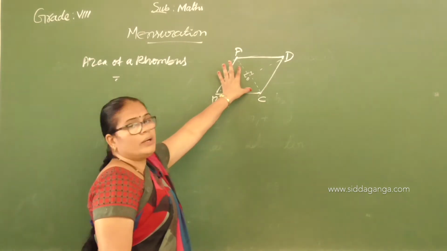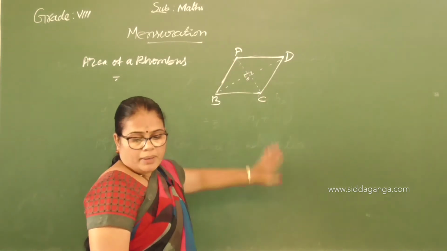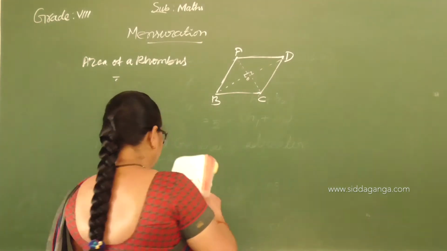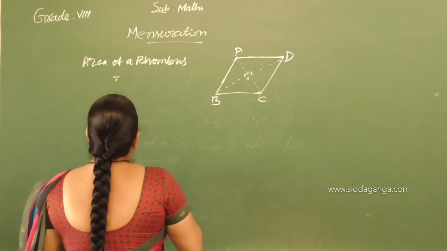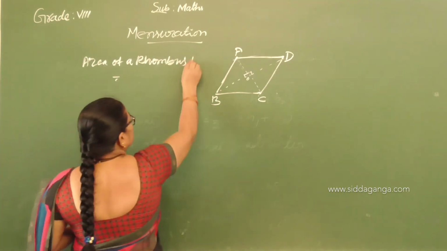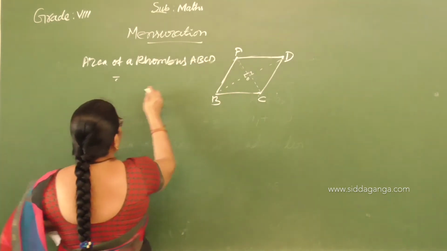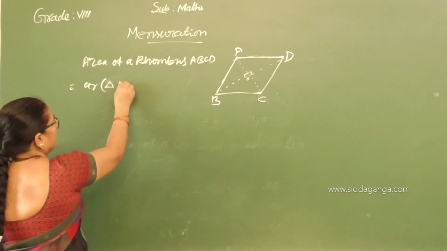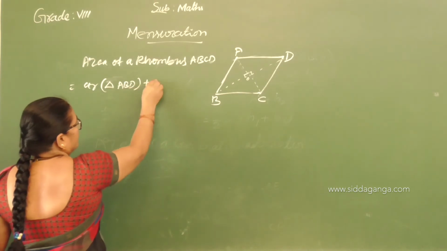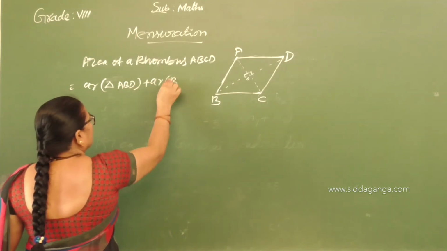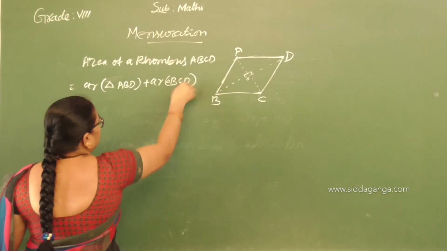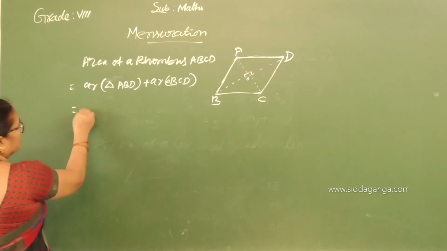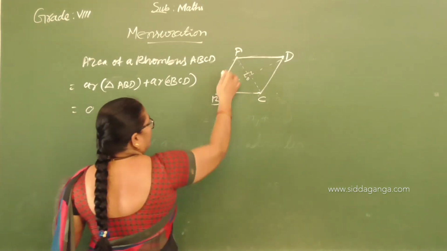These two are the perpendicular bisectors. So the area of rhombus ABCD is equal to area of triangle ABD plus area of triangle BCD.